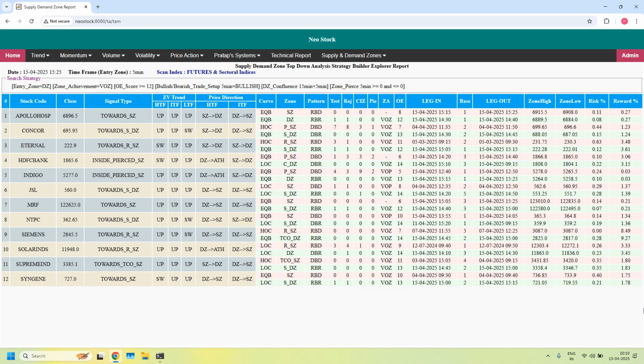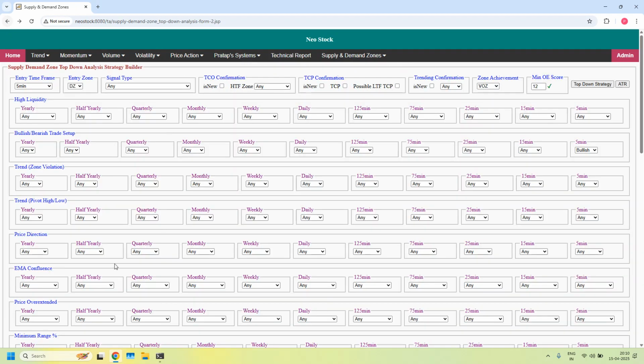Let us check, out of these 12, how many have EMA confluence. I'm going back to the EMA confluence. At the daily time frame, I'm checking whether the demand zone has daily EMA confluence.